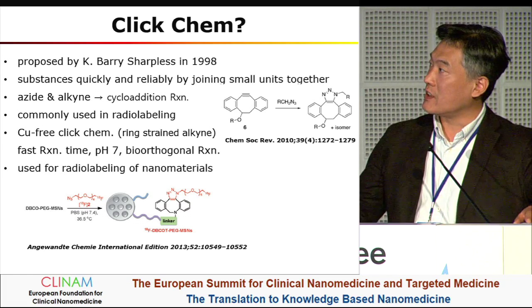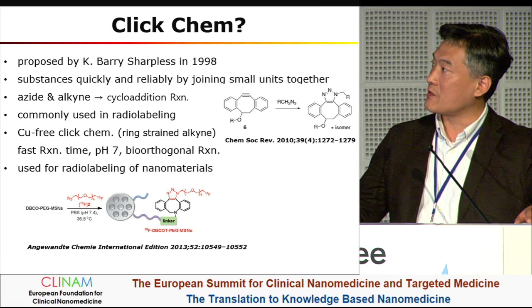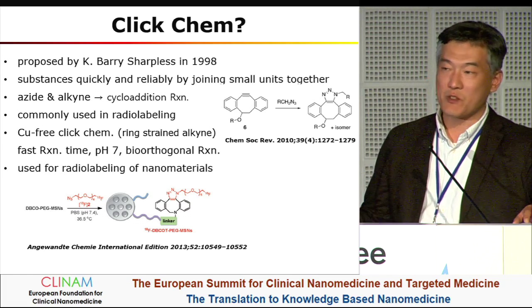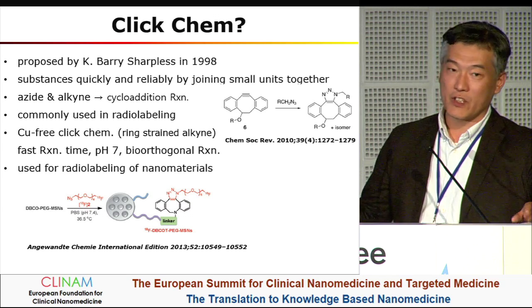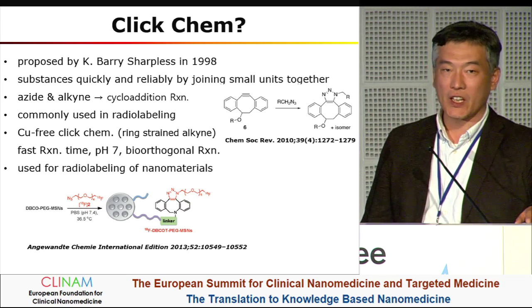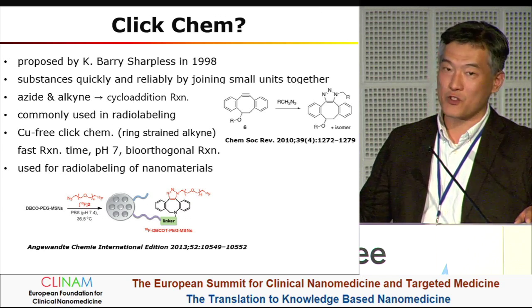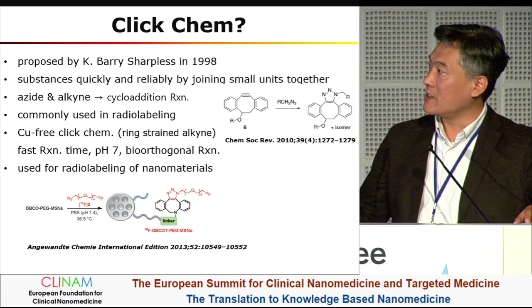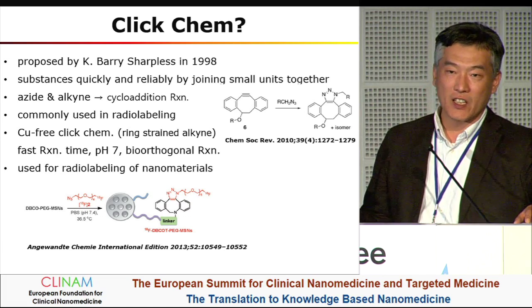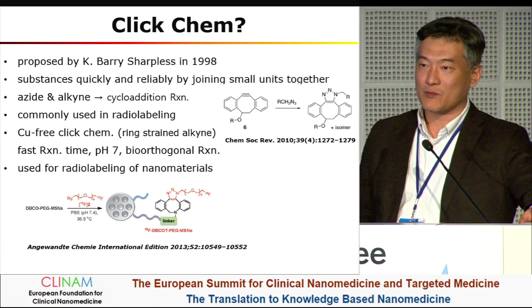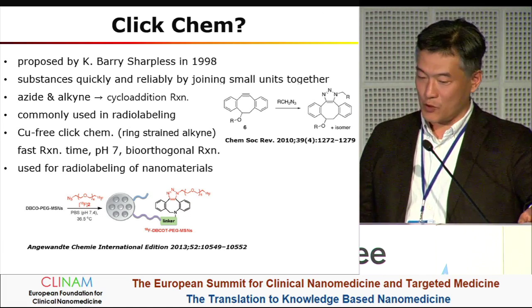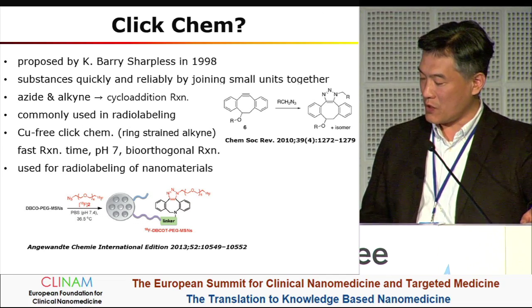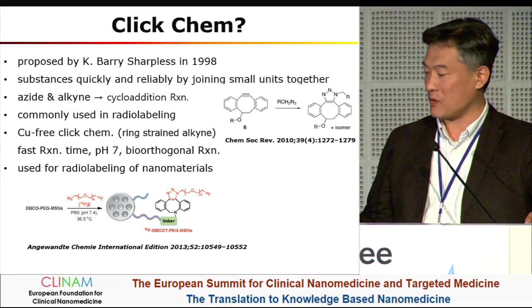One more advantage of copper-free click chemistry is that it can be used for in vivo labeling or in vivo targeting, with the bioorthogonal system. And also it can be used for radiolabeling of nanomaterials.